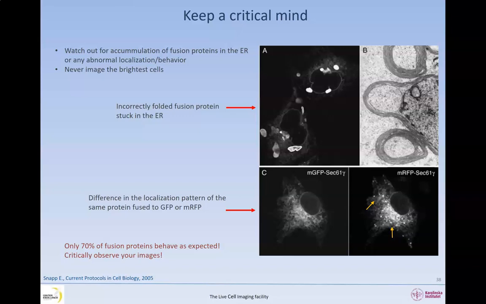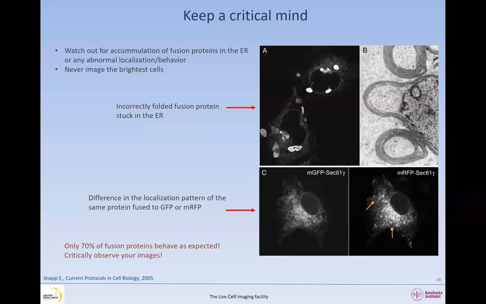The GFP fusion protein localized to the ER network, and similarly, the MRFP fusion protein localized to the ER network as well, as seen in Figure C. But the MRFP tag protein also shows bright puncta, which are probably MRFP fusion molecules that did not fold properly and got stuck in the ER.